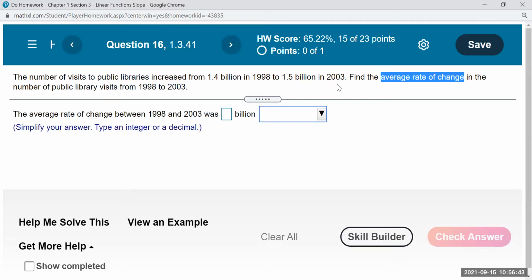The second point is 2003, comma 1.5 billion. So what's the average rate of change between those two values?